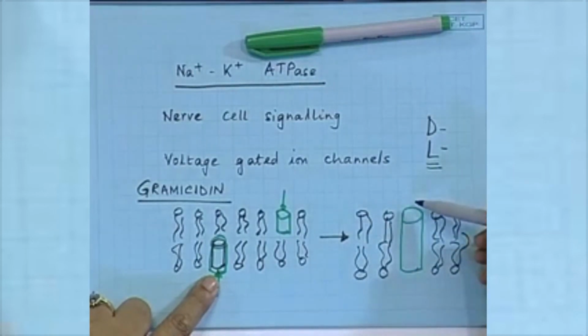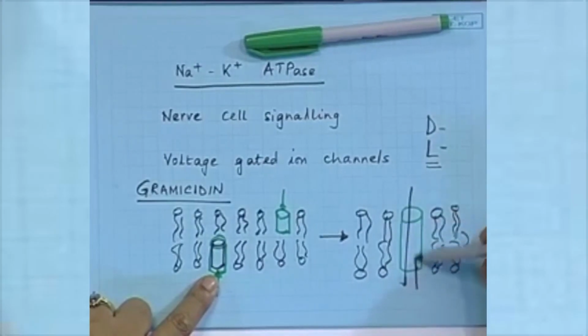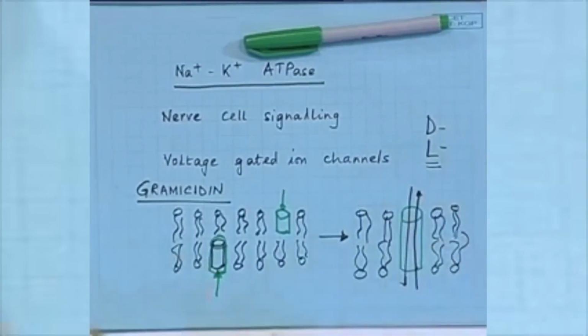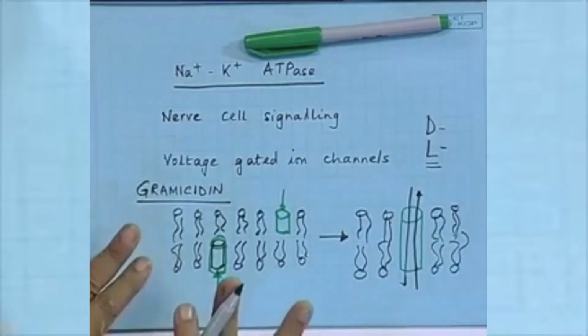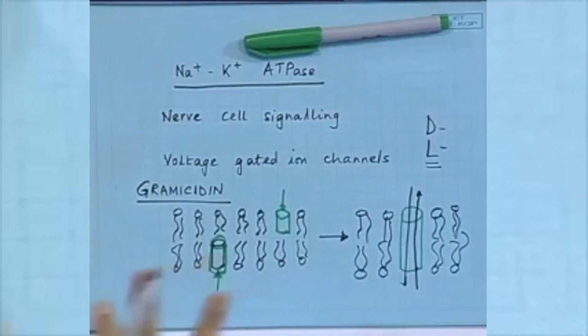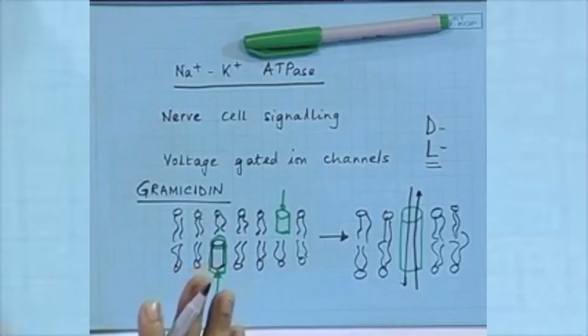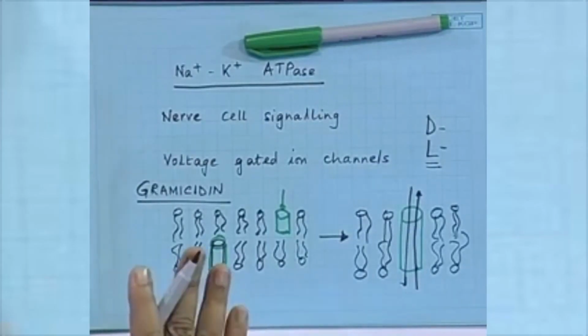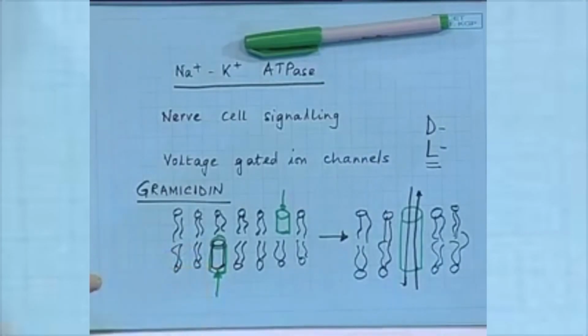What happens in this case then? You have an ion channel that will allow the flux of ions through and through. Okay. And why is this possible? It is possible because your whole membrane is fluid in nature. Okay. Because of the fluidity, because of the lateral movement, it is possible that you have these ion channels that allow the transfer of ions inside and outside.